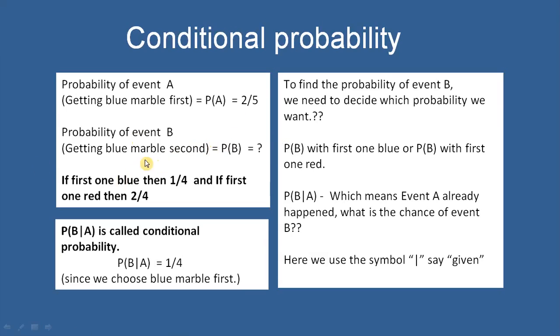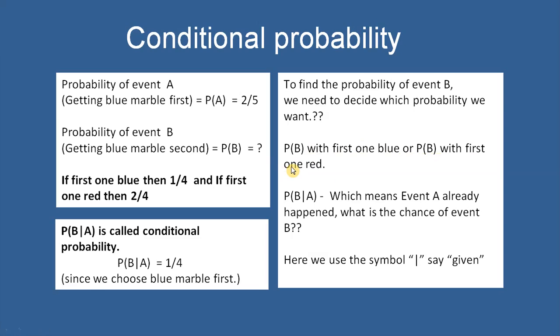If the first one is blue, then P of B is 1 by 4, and if the first one is red, then P of B is 2 by 4. So, to find the probability of event B, we need to decide which probability we want. That is, P of B with the first one blue or P of B with the first one red.